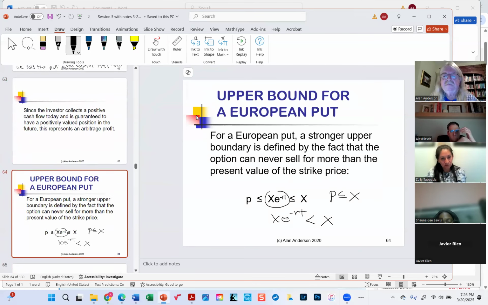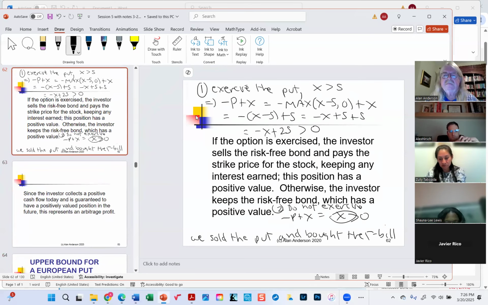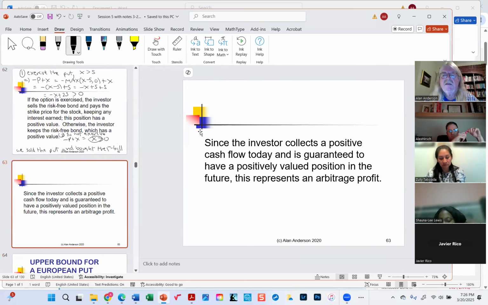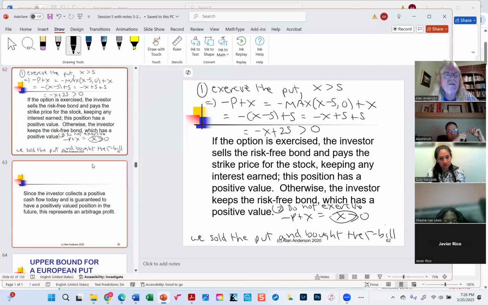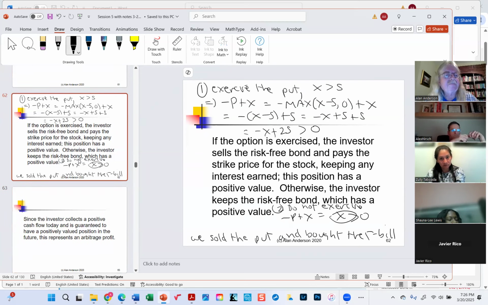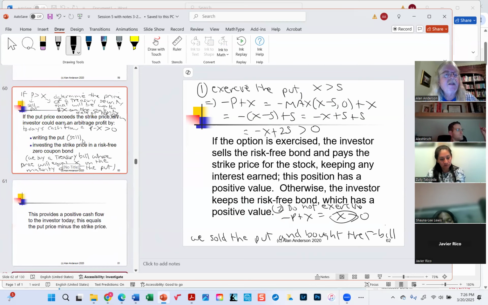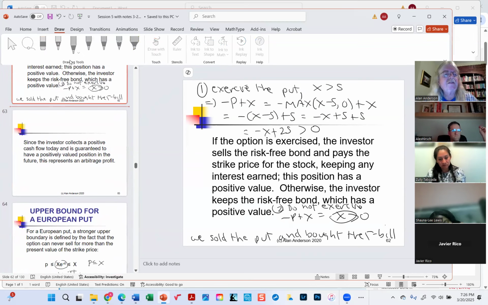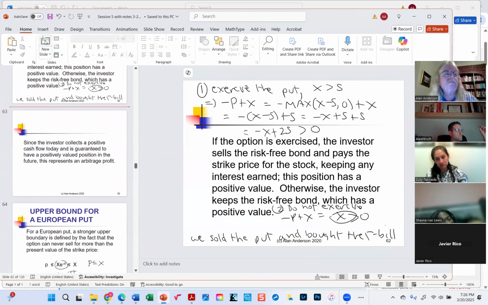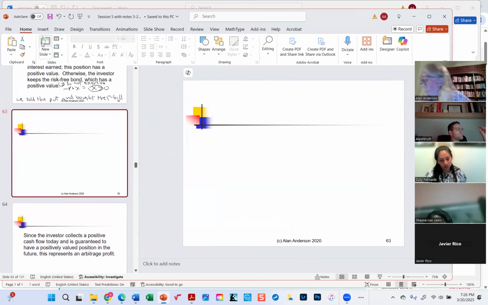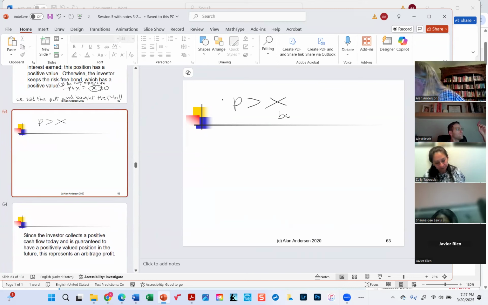Okay, that looks very messy. Let me just see if I can simplify it a little bit. So P is greater than X. So buy a treasury bill.